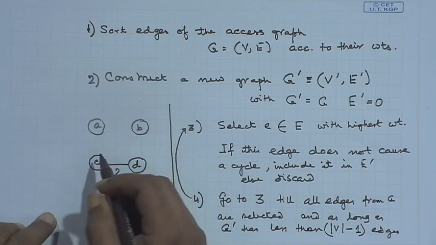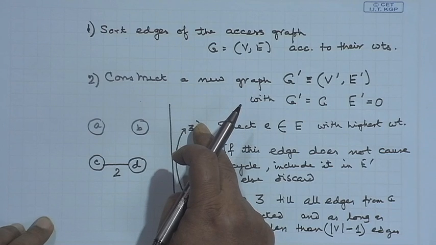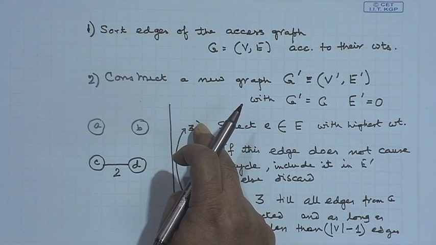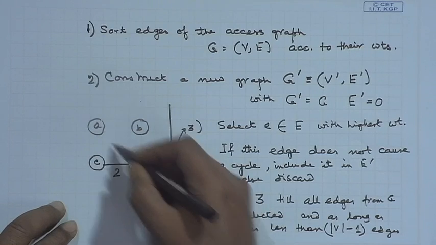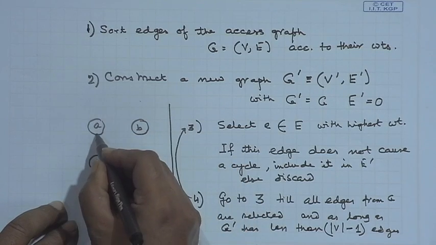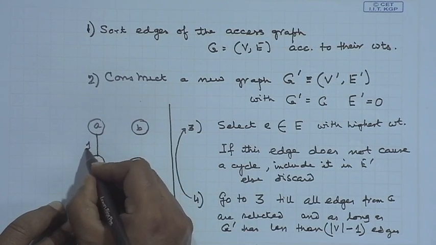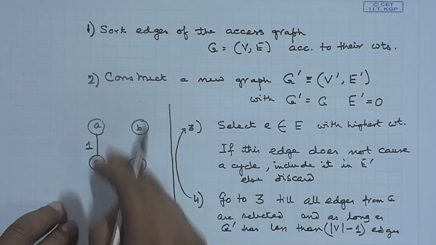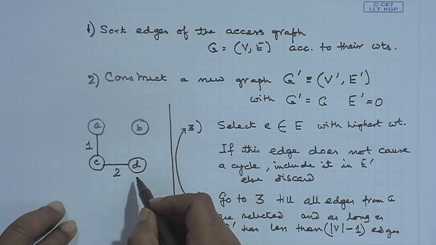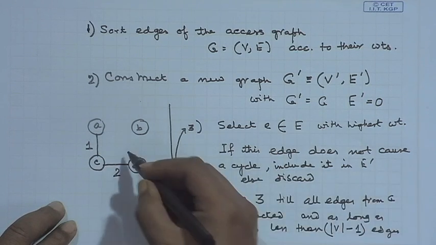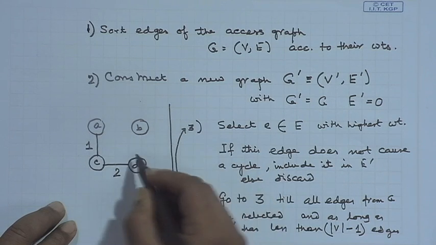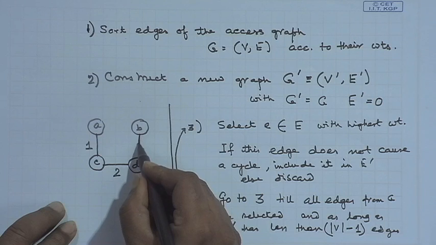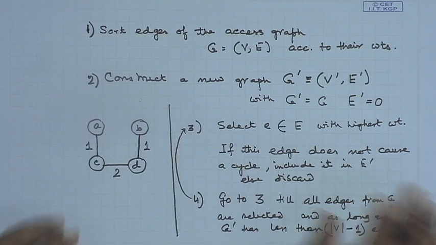As I move here, I have a choice between all these 3. Suppose I include this A to C. Then these are not covered. Next, the edge I select here will form a cycle, so I discard it, and ultimately I come to this, and this is my maximally weighted path.